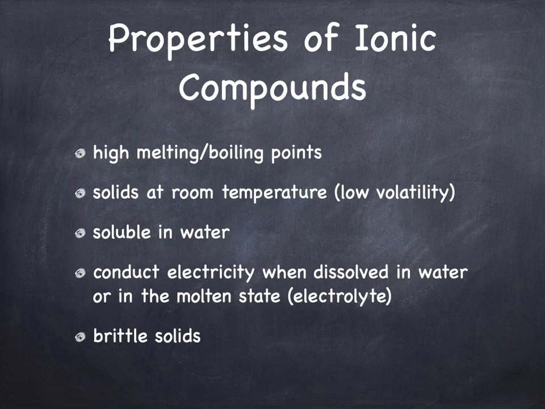And so you can conduct an electric current through a solution of an ionic compound or in its molten state. Of course, we can dissolve salt at room temperature in water, so it's a whole lot easier to get an electrolyte from dissolving in water than it is in its molten state because of those high boiling points. But either of those things will conduct an electric current.